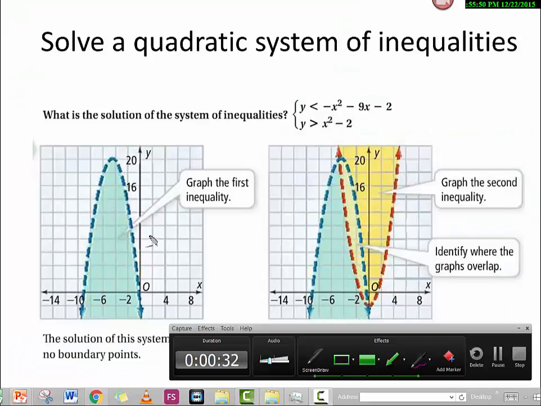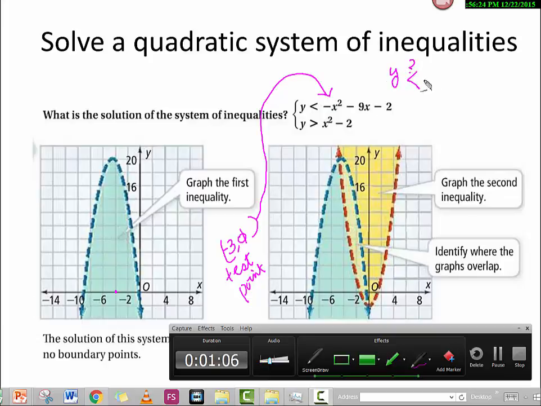Once we have this boundary, we can use a testing point to test which part of the plane we're going to take. Because the curve crossed (0, 0), we're not going to use (0, 0) as the testing point. How about we just pick negative 3, 0 as a testing point? So we plug this in to see if it's true. Is y less than negative x squared minus 9x minus 2, with x equal to negative 3?